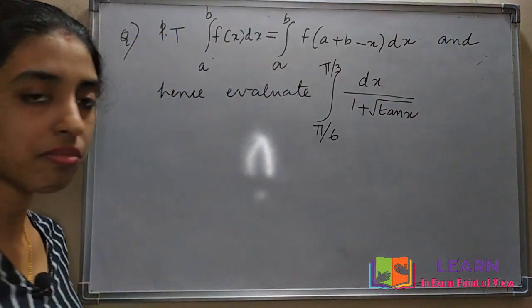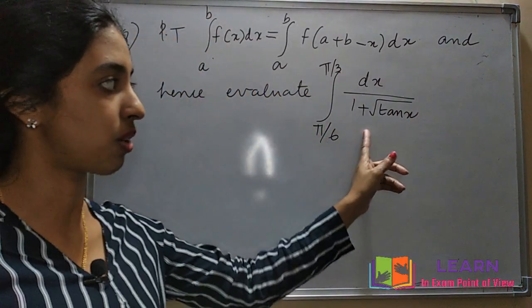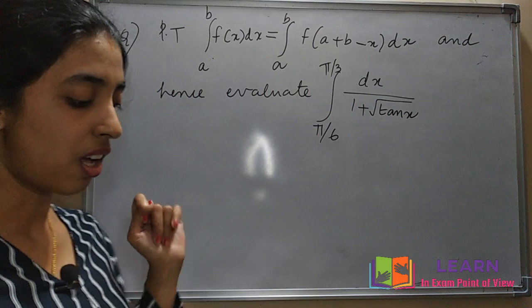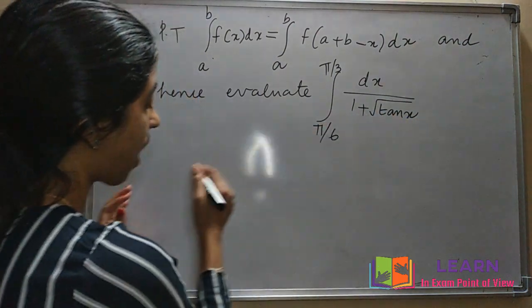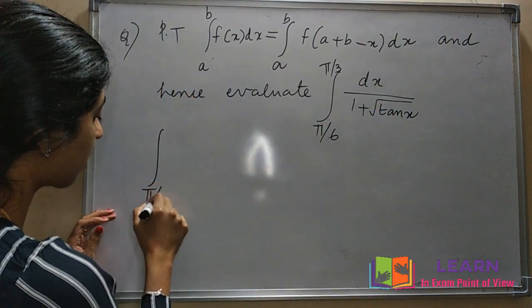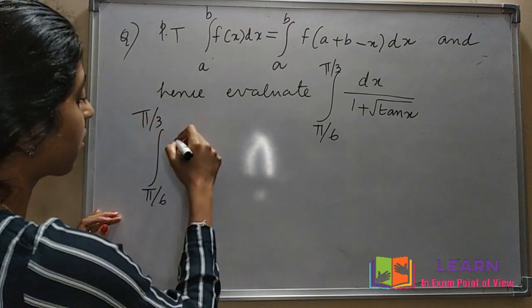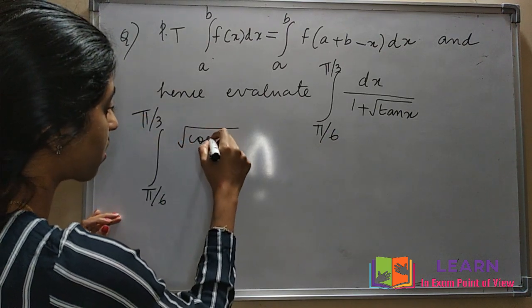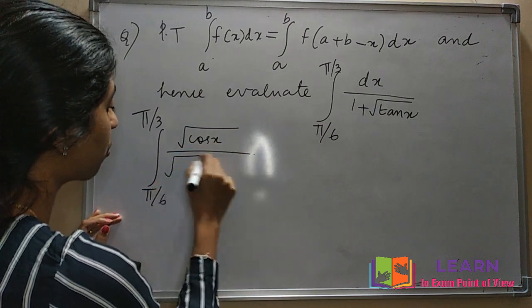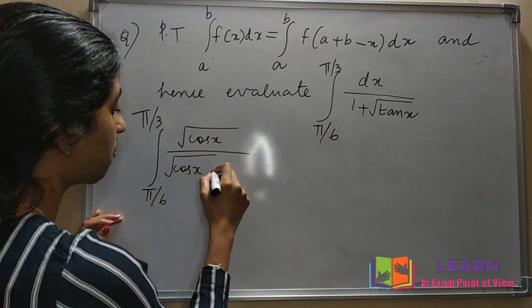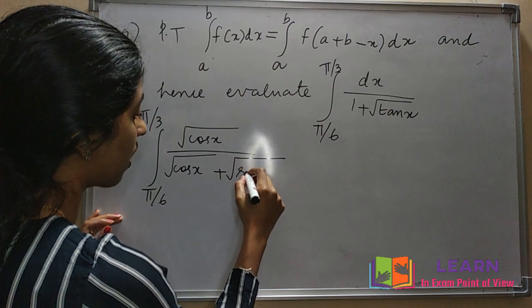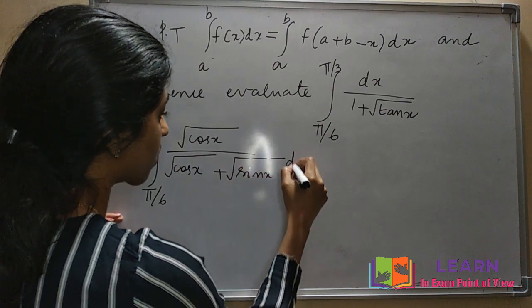This is the question, we need to evaluate this integral. So this can be transformed; the same thing can be written as the integral from pi by 6 to pi by 3 of root cos x by root cos x plus root sin x dx.